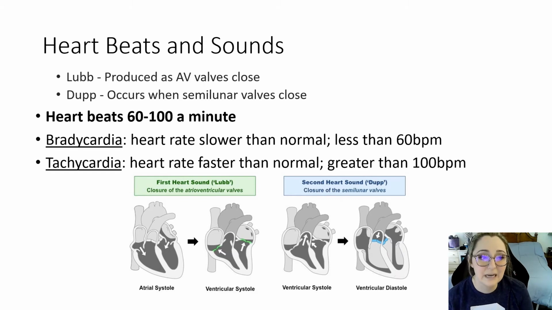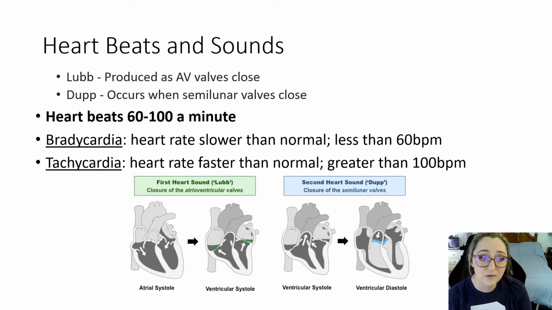So it snaps shut so hard, it makes a noise, which is honestly pretty cool, in my opinion. But do know that technically heartbeat sounds, when we talk about it in anatomy, is lub-dup.